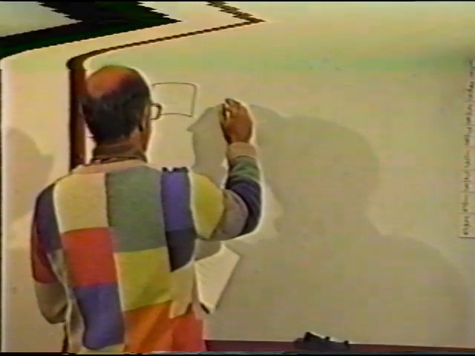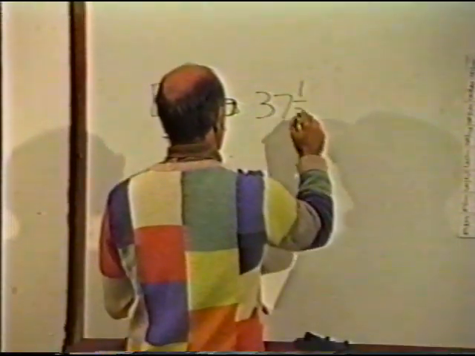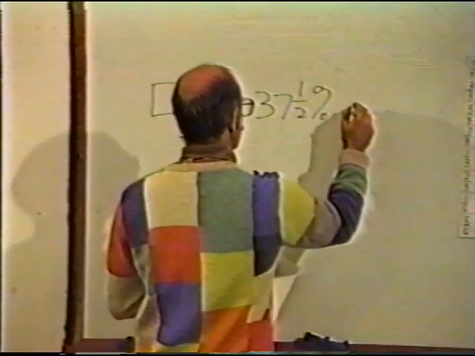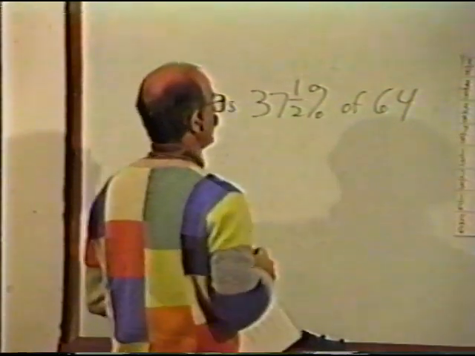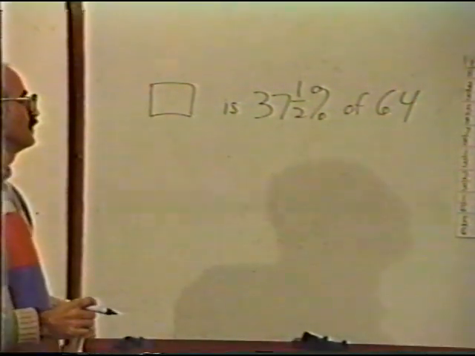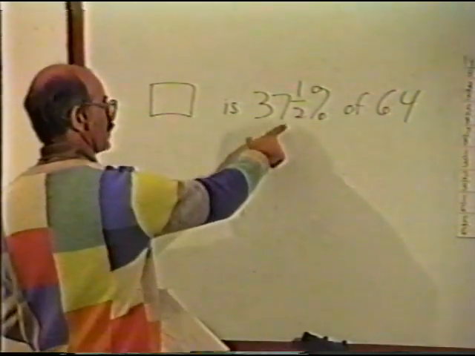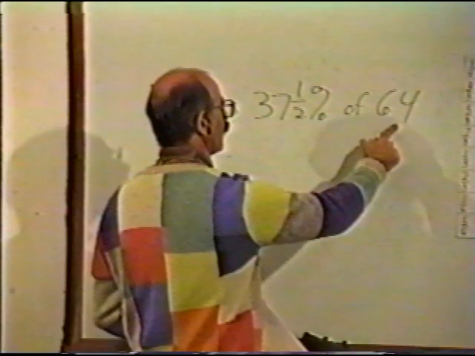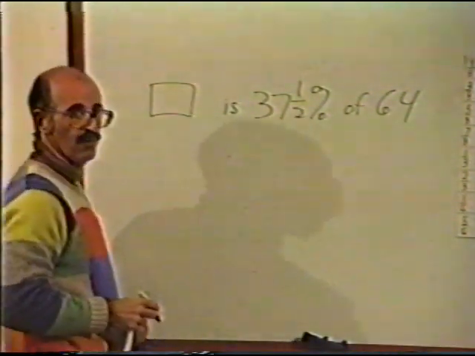What is 37.5% of 64? Which type is this one? Type 1. We know the percent. We know the whole thing. We need to find the part of the whole.